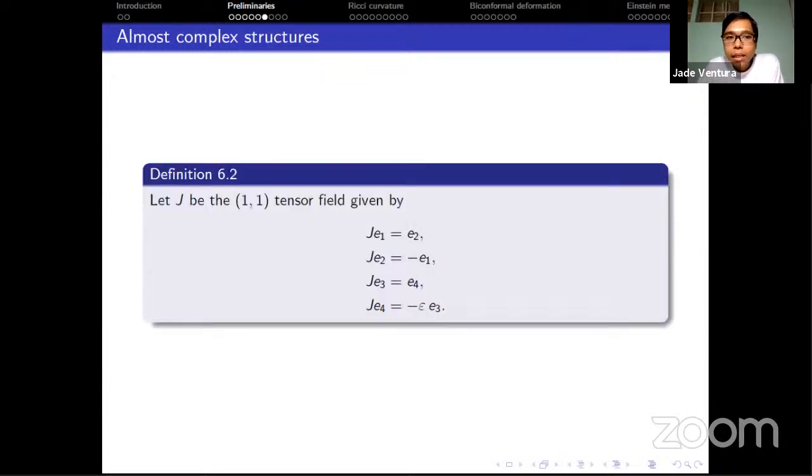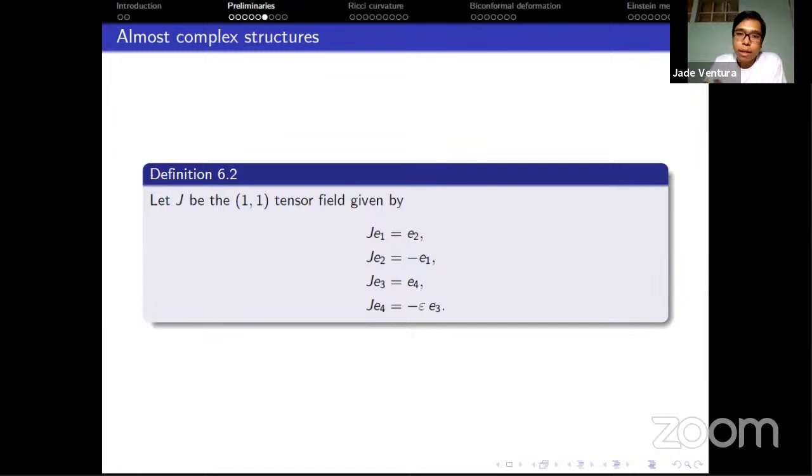We will also be needing this tensor field J, defined as follows. So E1 gets sent to E2, E2 gets sent to minus E1, E3 gets sent to E4, and E4 gets sent to minus E3. Epsilon there is just equal to +1.